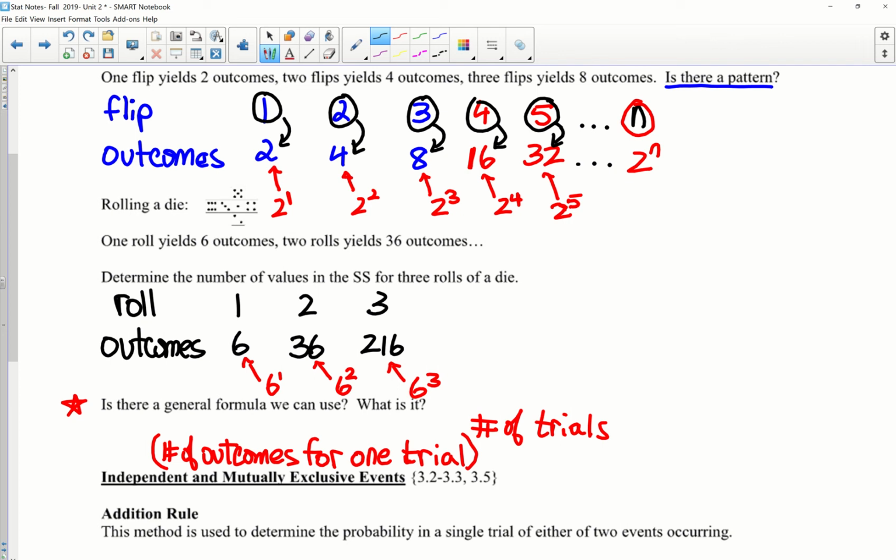All right. So then if I wanted to do any number of trials, like n trials, it would be 6 to the nth power. Because the number of outcomes for one roll of a die is 6. If I roll the die 30 times, 6 to the 30th power.